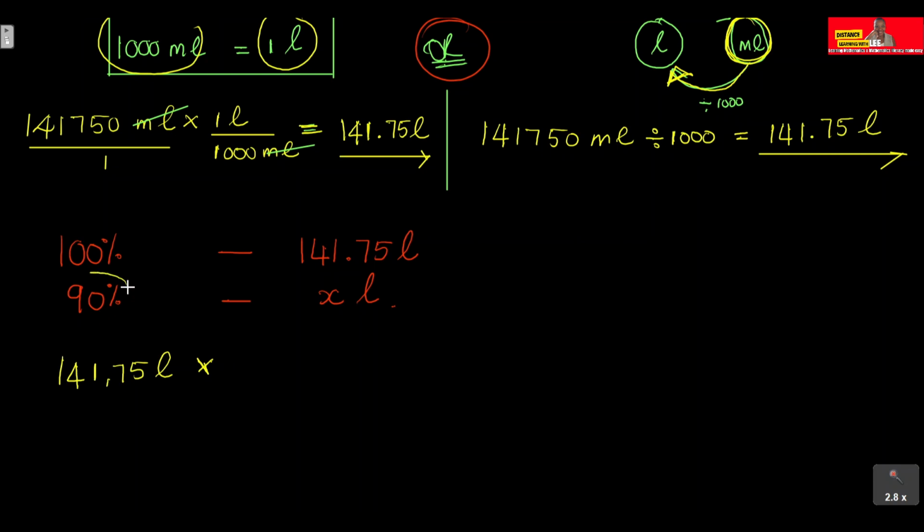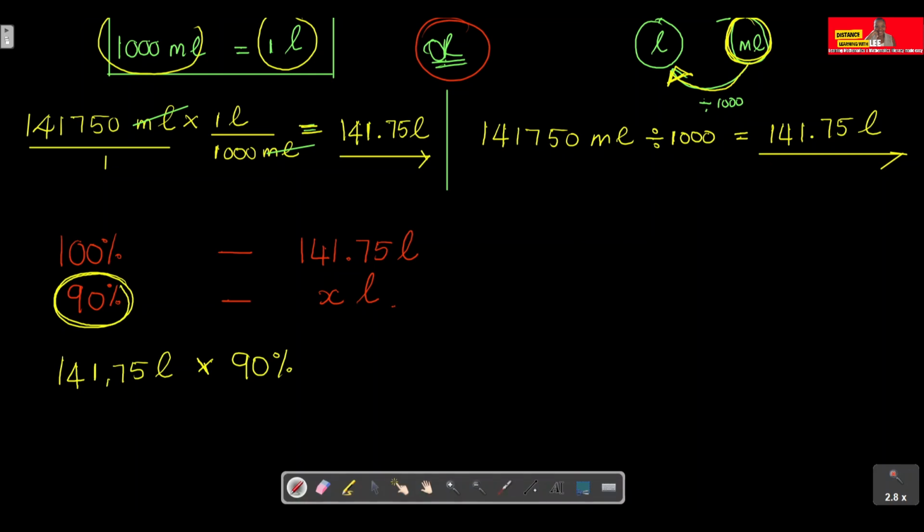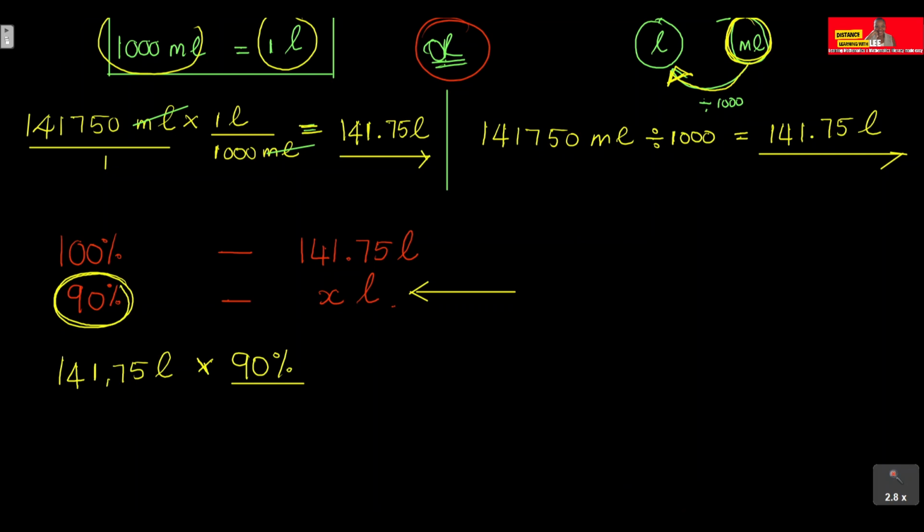You want to multiply. We want to determine how much water will be in the tank if it's filled to 90%, so you're going to multiply by 90%, and divide by what we have. You multiply by what you want, and divide by what we have.